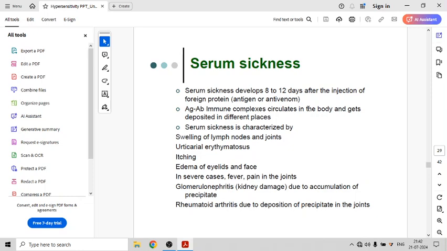At the same time, the severe pain in the joints is because of the rheumatoid arthritis like symptom experienced by the person because of the deposition of the precipitate in the joints and causing the inflammatory reaction in the joints.